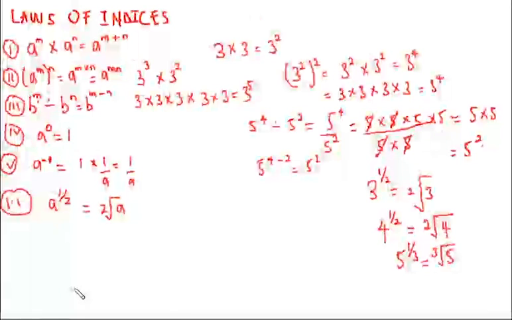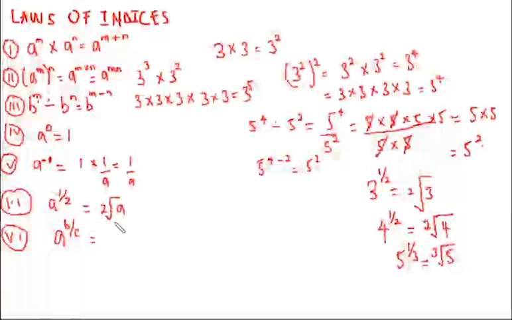Okay, so for the seventh law, you have a number a to the power of, let's say, b over c.